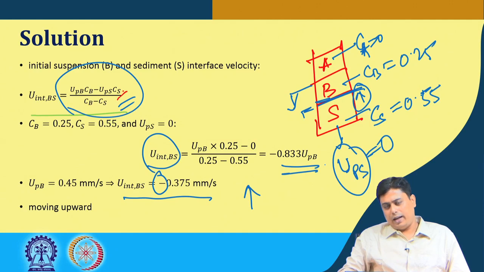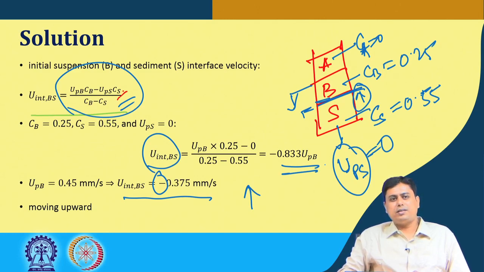Once we find that, we also know by that value what is the particle Reynolds number. We use the appropriate expression of n, and then we find out the hindered settling rate.